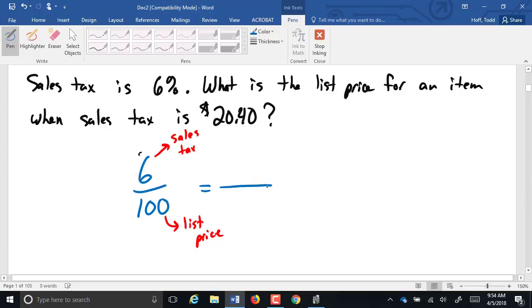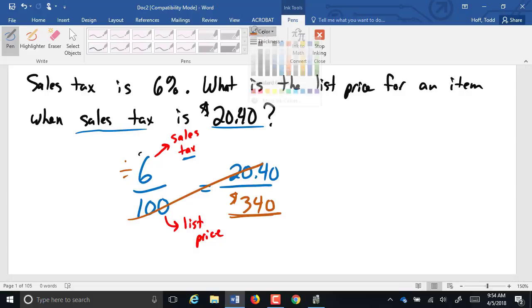So on the other side, we've got the 20.40. Where does that go? It is the sales tax, $20.40. It has to go with the tax. So we cross multiply and divide. 100 times 20.40 divided by 6 is $340. Does that look right? Perfect. So that was the list price.